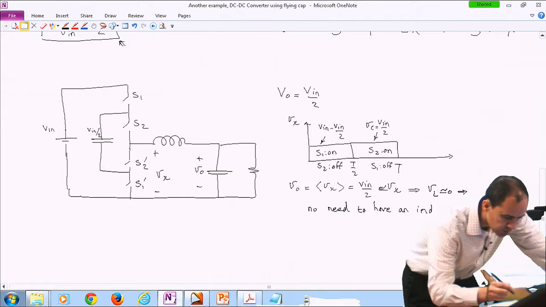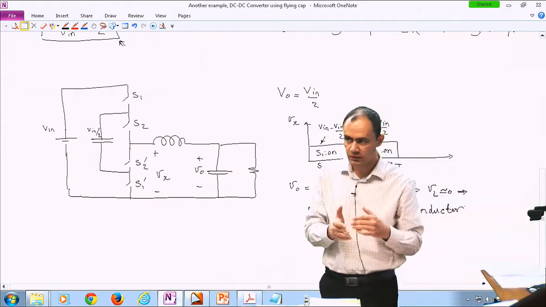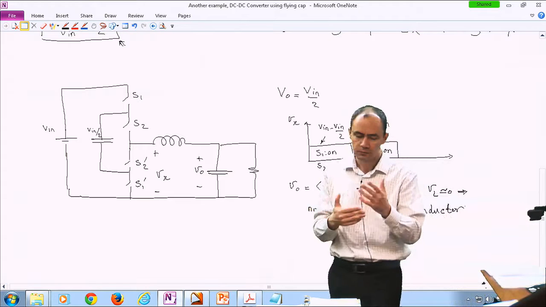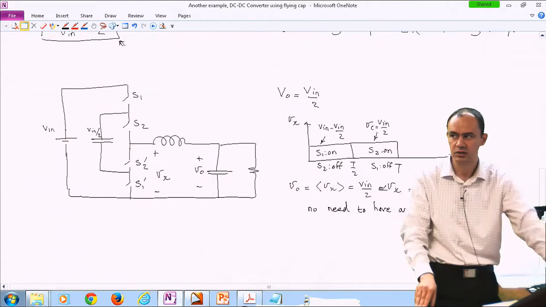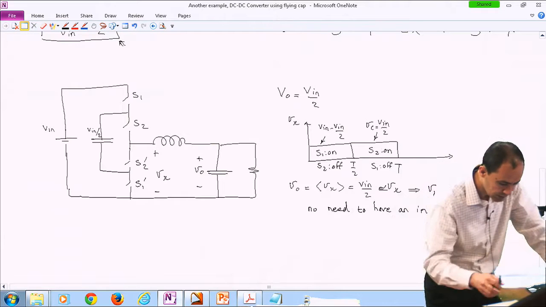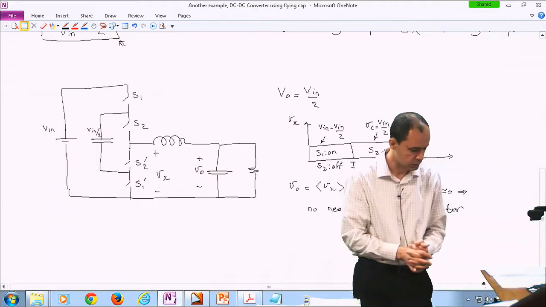This is assuming that the capacitor, that flying capacitor, is large enough, so the ripple is small. And technically, Vx would not really look like that. There's a bit of a ripple on Vx as well. So that's why I'm writing here, it is approximately equal to Vout.